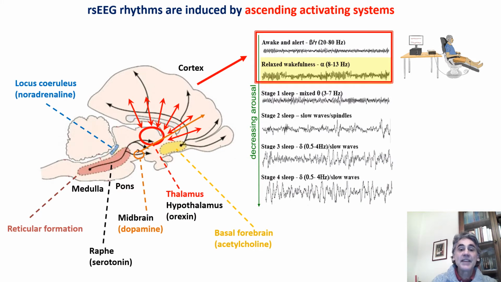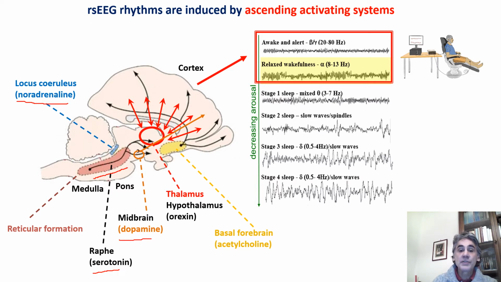The resting state EEG rhythms are generated and modulated by ascending activating systems and thalamocortical interaction. You can see in the picture the reticular formation with the components of noradrenaline, serotonin, and dopamine.